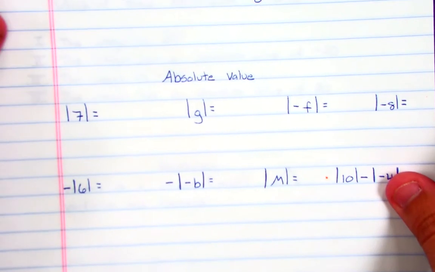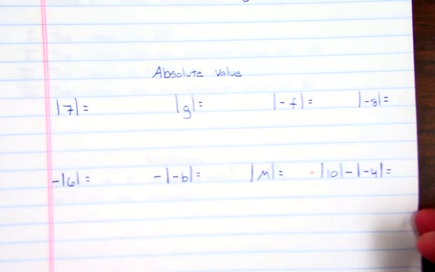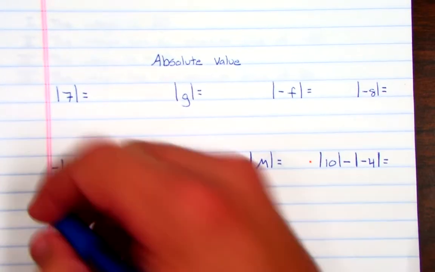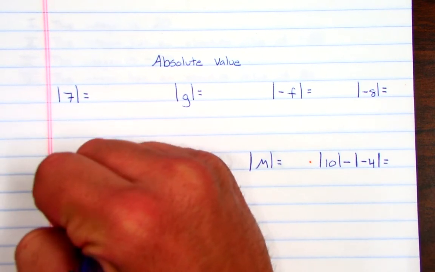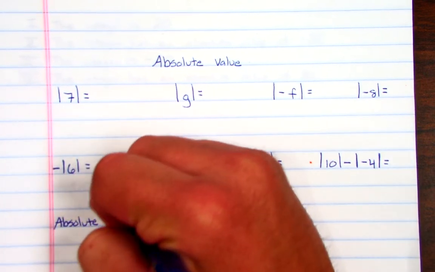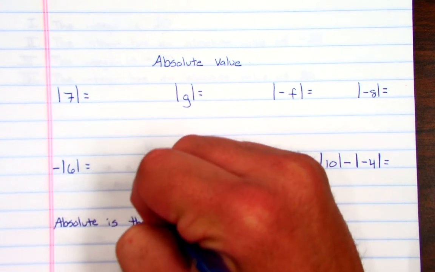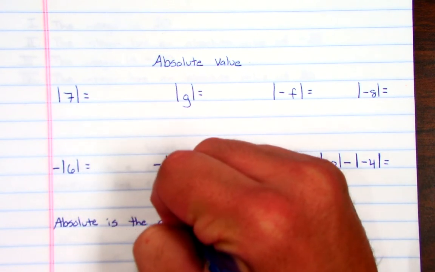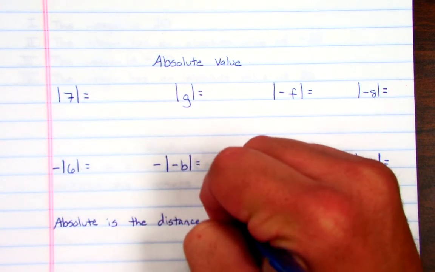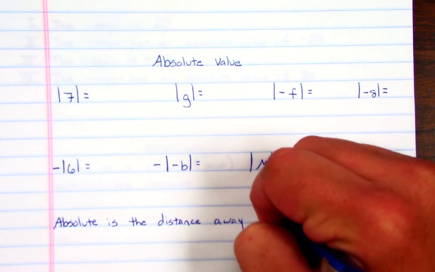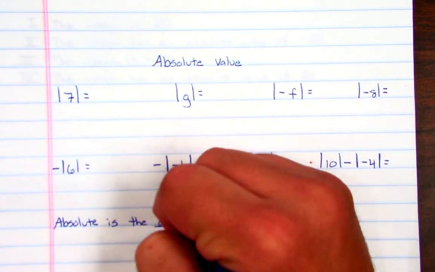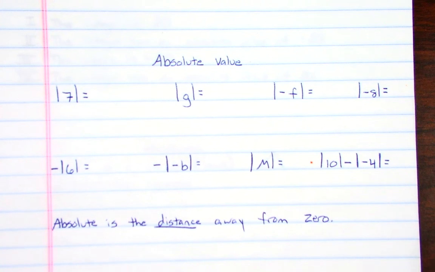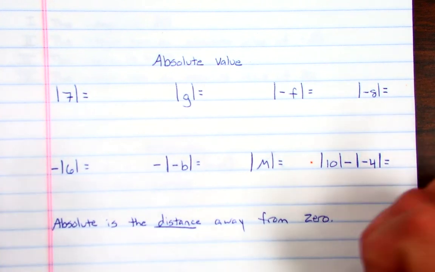Absolute value is the distance away from 0. The key word there is distance. Now you're going to have a problem tomorrow similar to this.